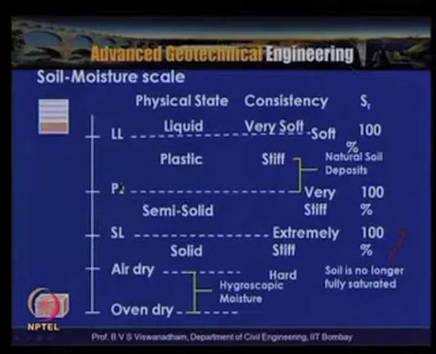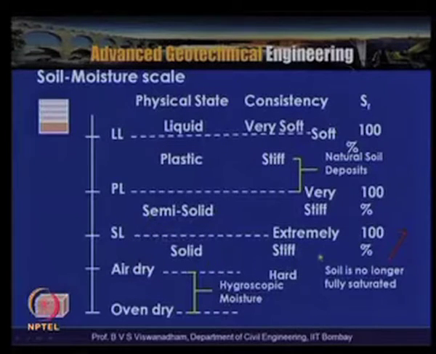The plastic limit is another type of Atterberg limit, which is the transition between the plastic state and the semi-solid state. Natural soil deposits do occur at this particular water content. The shrinkage limit is the transition between the semi-solid state and the solid state.